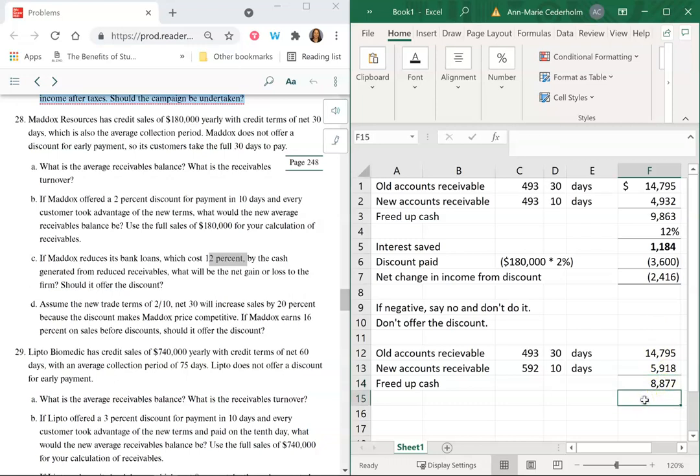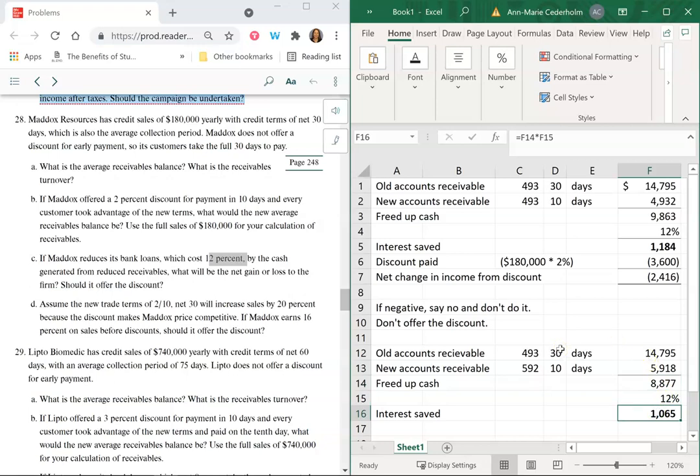So I'll take the 12% interest, and if I take 8,877 and multiply that by 12%, that gives me 1,065 that I would actually save by not having to pay interest. And you wouldn't pay that interest because I would take this extra money that I now have from my customers and pay down my loan, and then I wouldn't have to pay interest on the amount that I pay it down by.